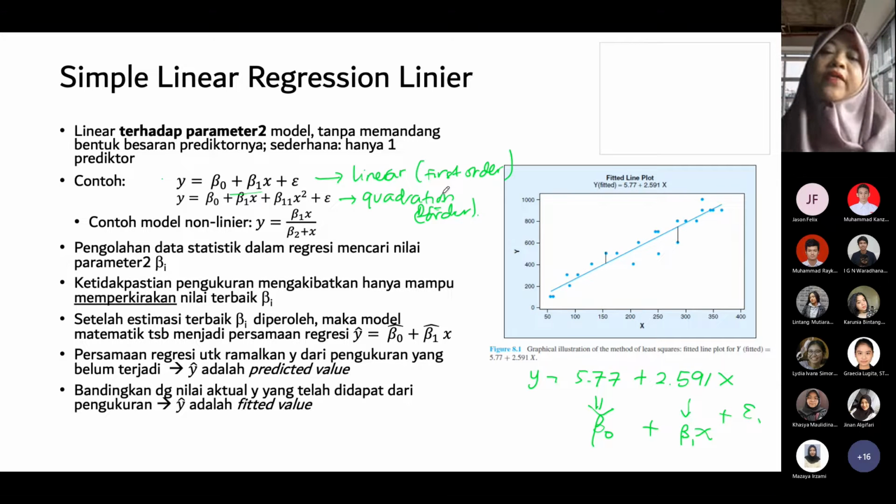Another one, if we have a nonlinear equation, we have the coefficients on both the numerator and the denominator. So both of them have nonlinear parameters here. If we plot it, it is not linear.